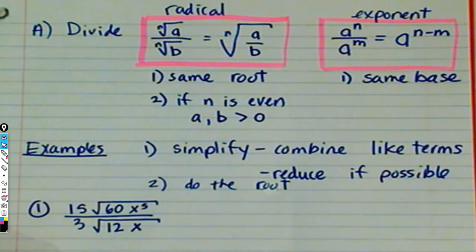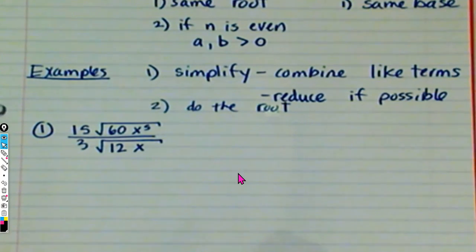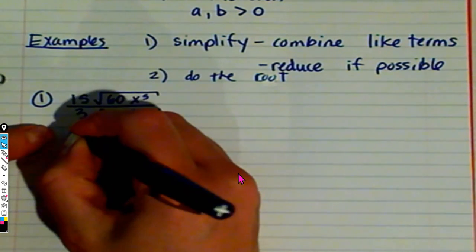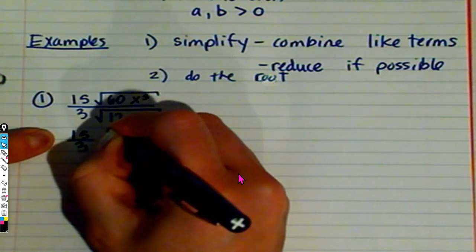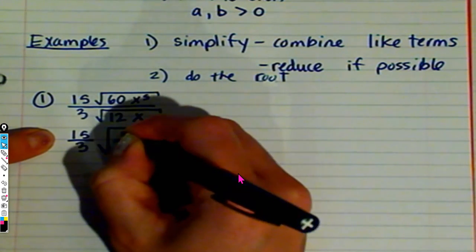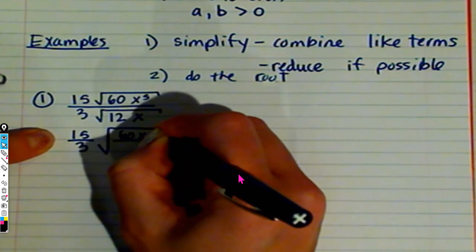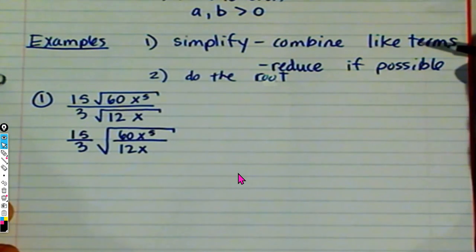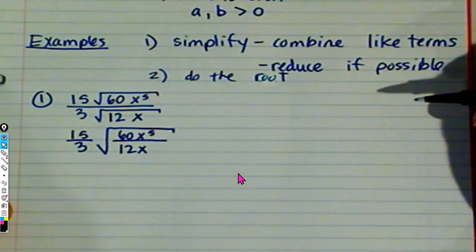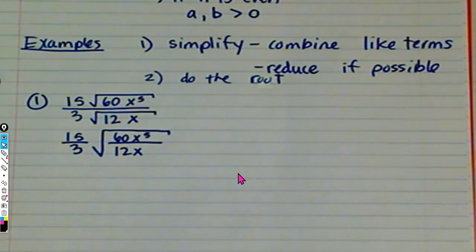So I'm going to leave the outside together, okay? So this is going to be 15 over 3, and then I'm going to combine the radical, 60x to the 5th over 12x. And that's where I'm going to start simplifying and combining my like terms, or reducing if possible.